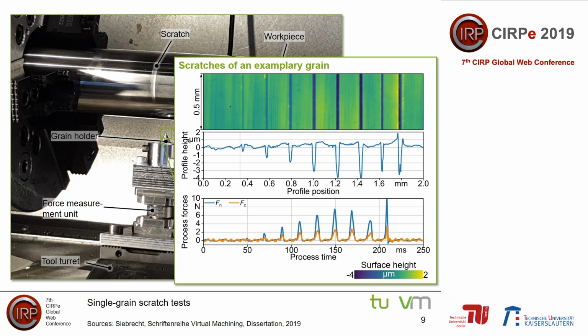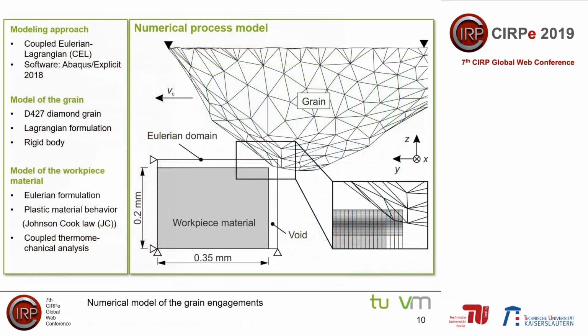However, the experimental effort is quite high, and the maximum depth of cut is limited by the wear of the diamond grain. Therefore, a numerical process model was used to analyze individual grain engagements. The coupled Eulerian Lagrangian method, which is implemented in the commercial finite element software Abaqus Explicit, was used as the modeling approach.